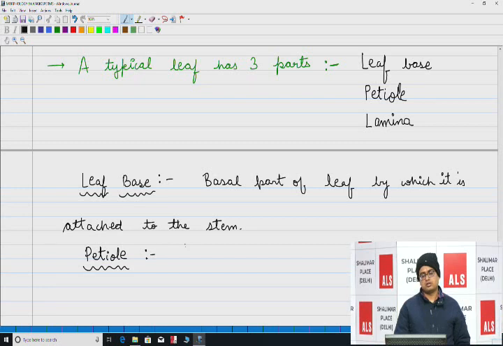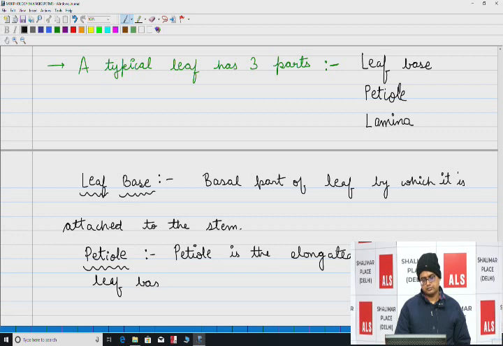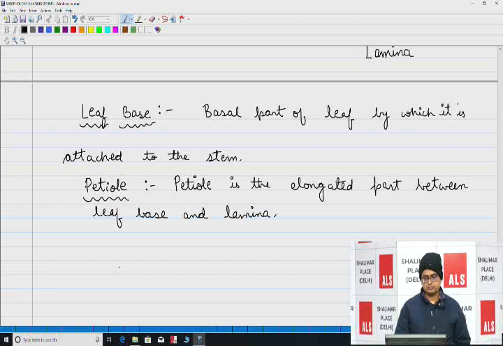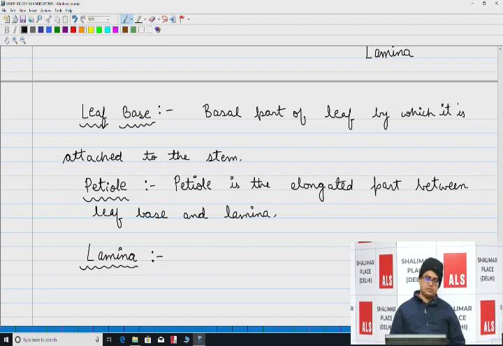So what is the petiole? Petiole is the elongated part between leaf base and lamina.